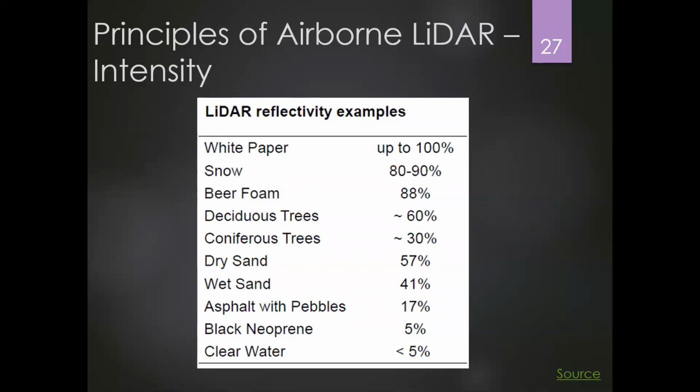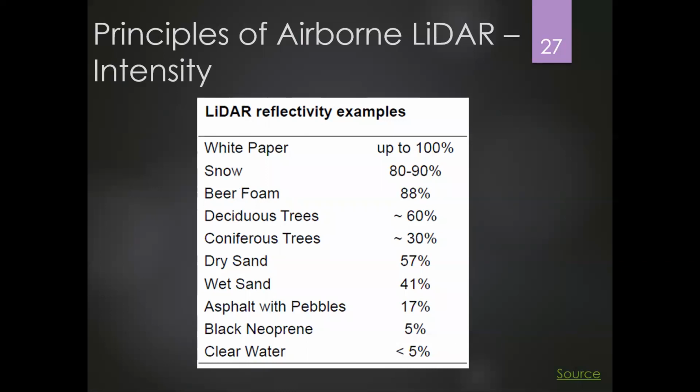The reason why paper is white is because it reflects almost all visible light. Snow is also bright, 80 to 90%. Then we have beer foam, different types of trees, dry sand, white sand, and clear water. You can say it only reflects less than 5% of LiDAR signal.